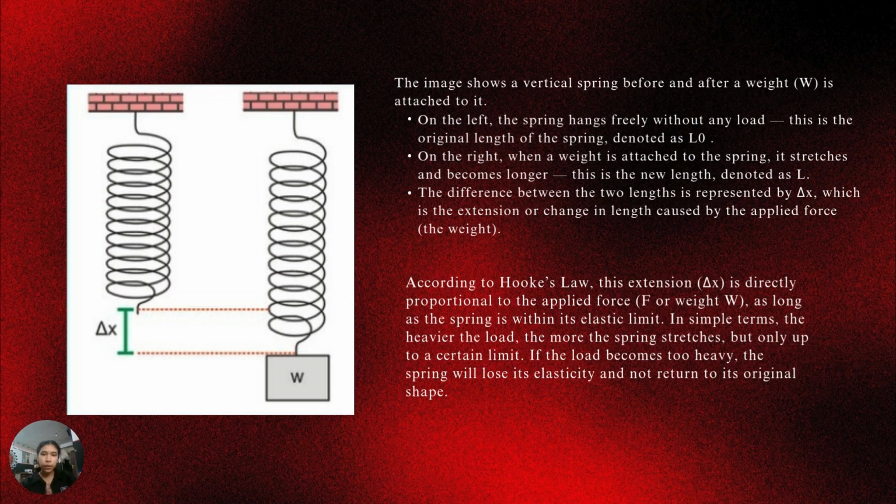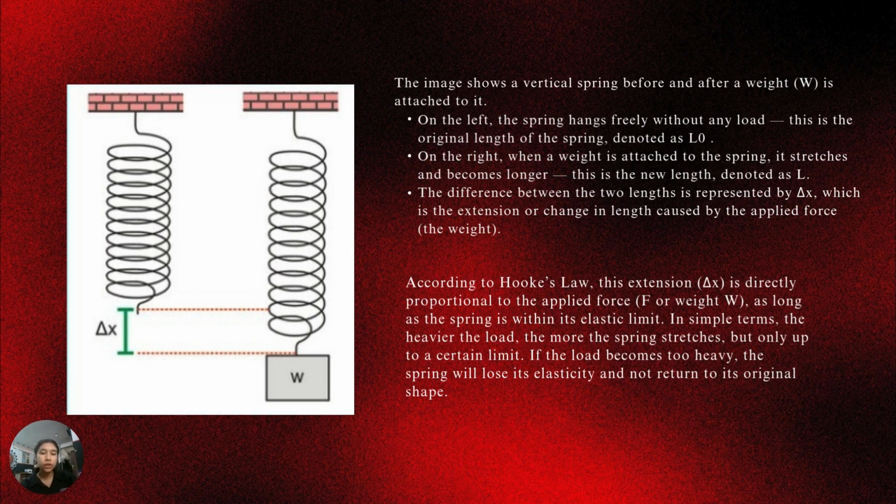On the right, when a weight is attached to the spring, it stretches and becomes longer. This is the new length, denoted as L. The difference between the two lengths is represented by delta x, which is the extension or change in length caused by the applied force or the weight.